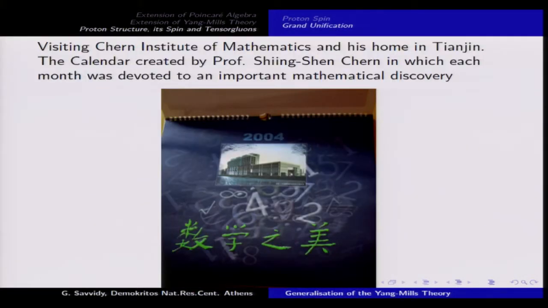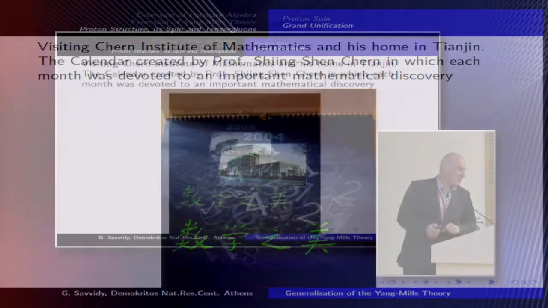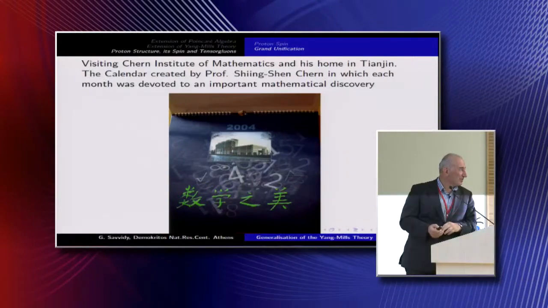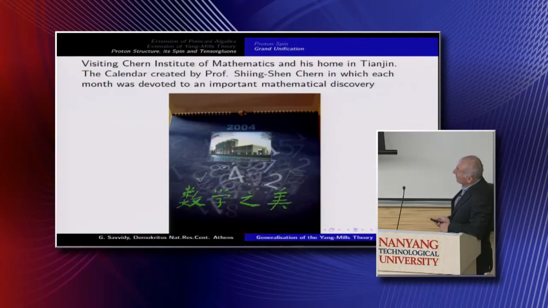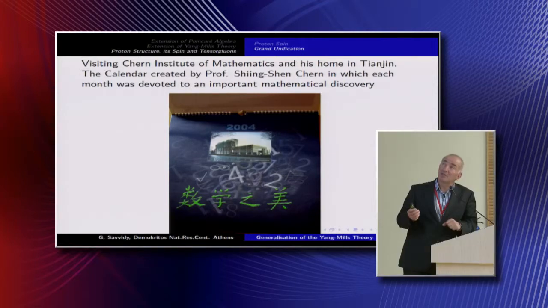Because it's a conference devoted to Yang-Mills theory, I also want to present my recollections. So I was visiting the Chern Institute of Mathematics, at his hometown and his home as well, in Tianjin, and I saw a calendar on the wall, and I asked the guide, "What is this calendar?"